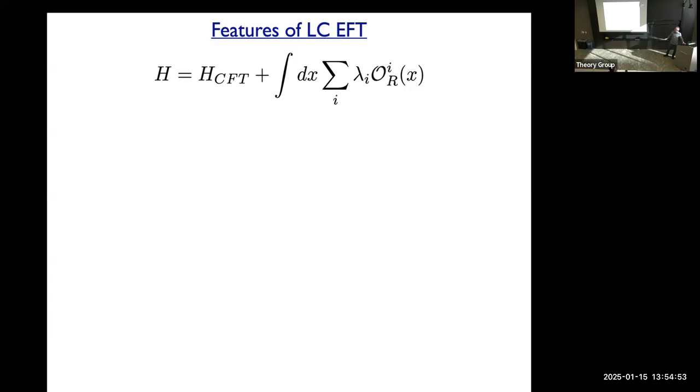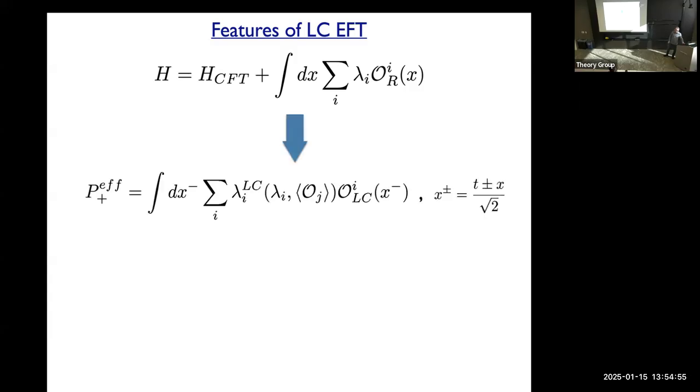So you add a bunch of relevant operators, and what does this effective Hamiltonian look like? It has a bunch of light cone operators, which are non-local. That's the difficulty in determining these effective theories: we don't always know how to compute these objects. They have coefficients that depend on the original couplings, but also on the vevs.